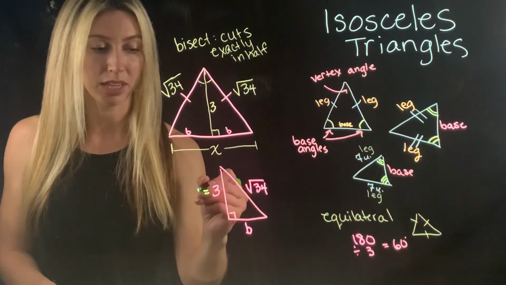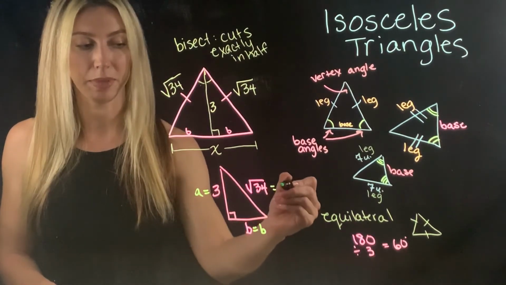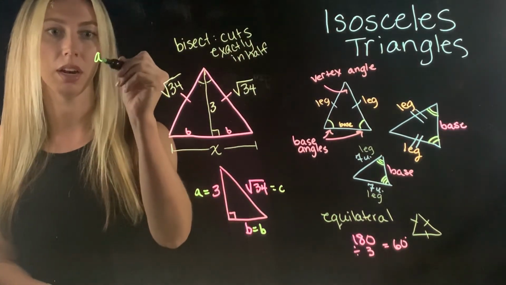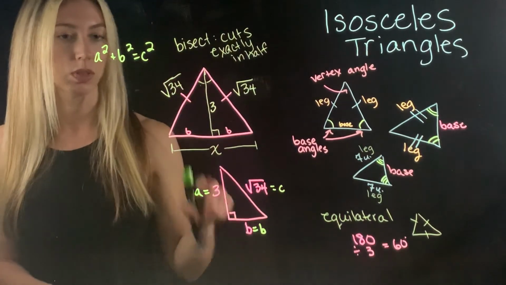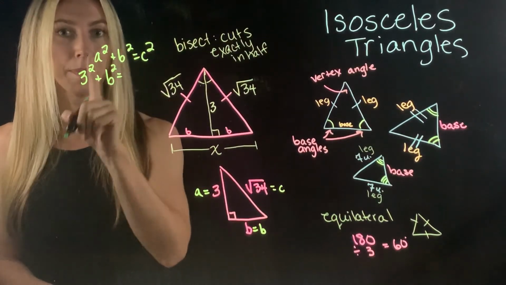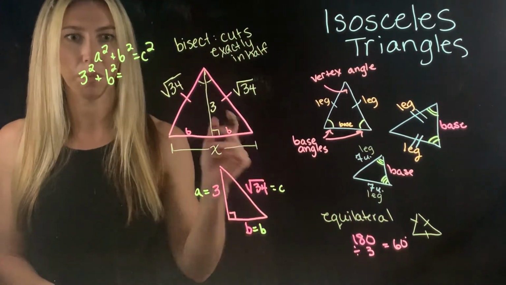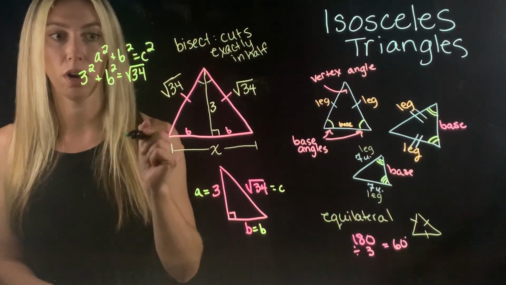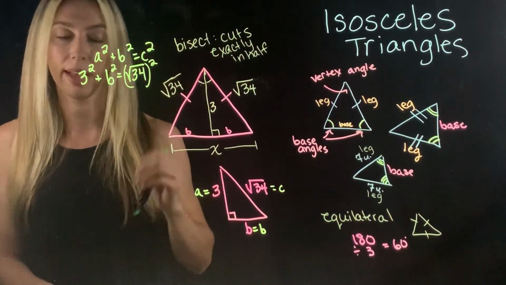I'm going to have this represent A, this represent B, and then this is going to be C because it's the hypotenuse. So I'm going to do A squared plus B squared equals C squared. So it's going to be 3 squared plus B squared equals, now, these square roots, sometimes you guys get a little bit freaked out by them, but put the square root 34, and then a lot of times you'll use parentheses, and then you're going to square that.